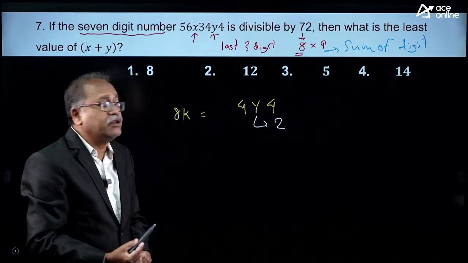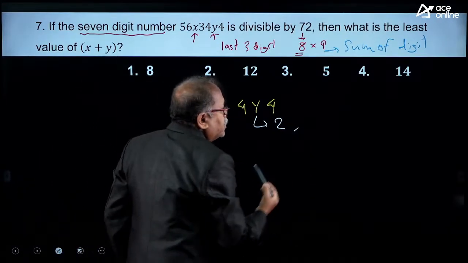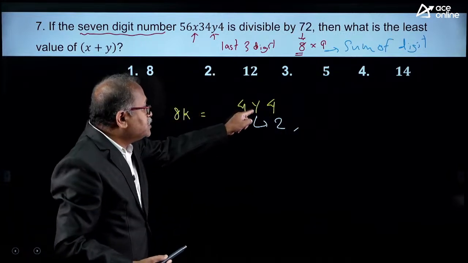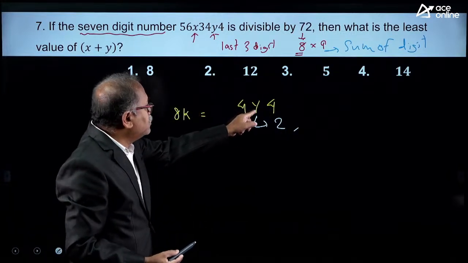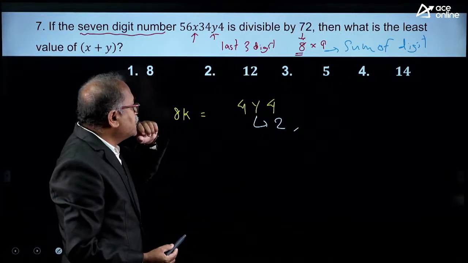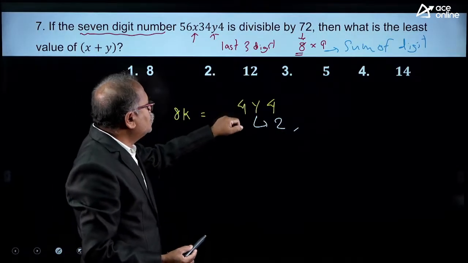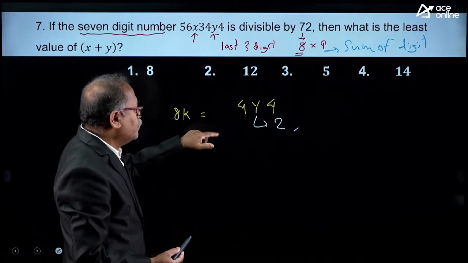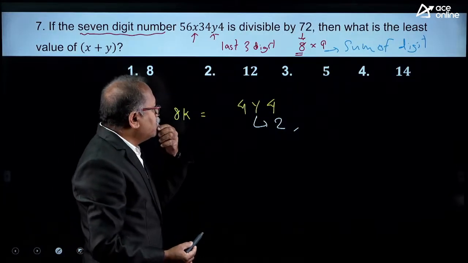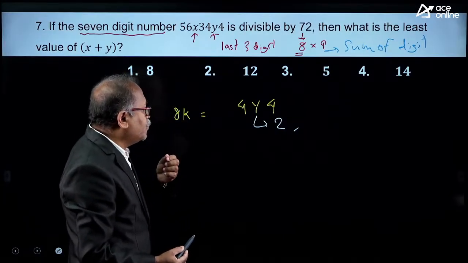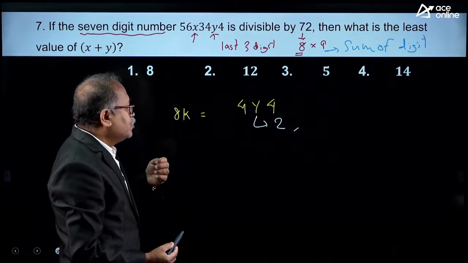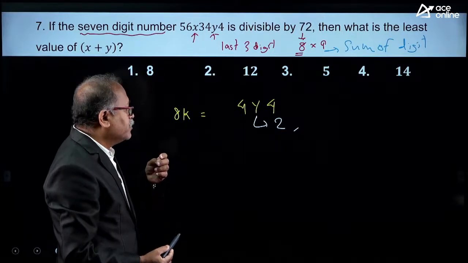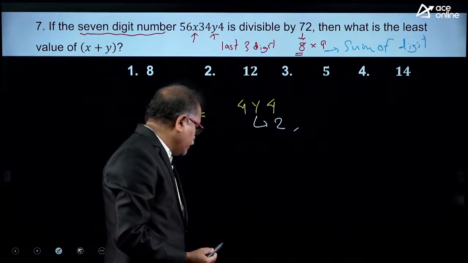So this is one number y can take. Can I take y as 4 over here? No, that's not possible.